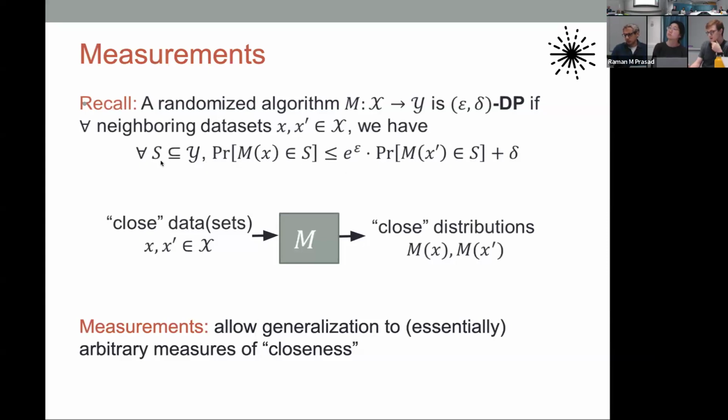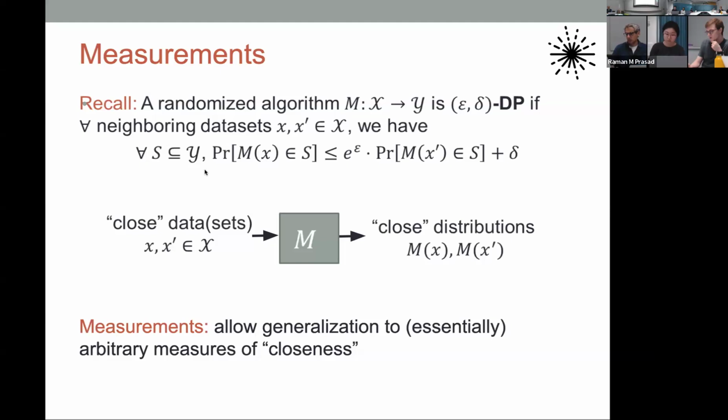It doesn't matter what the set of outputs is, the probability of observing an output in that set doesn't change much. It changes by at most a multiplicative factor of e to the epsilon and an additive factor of delta.